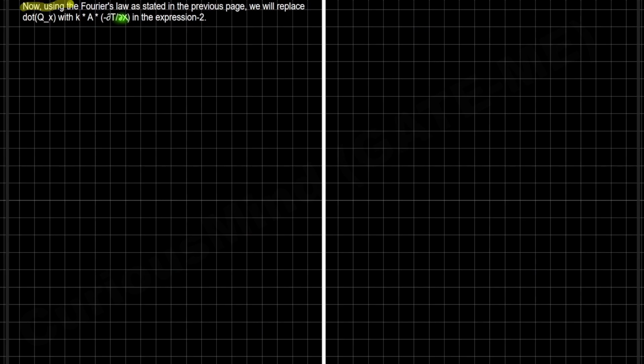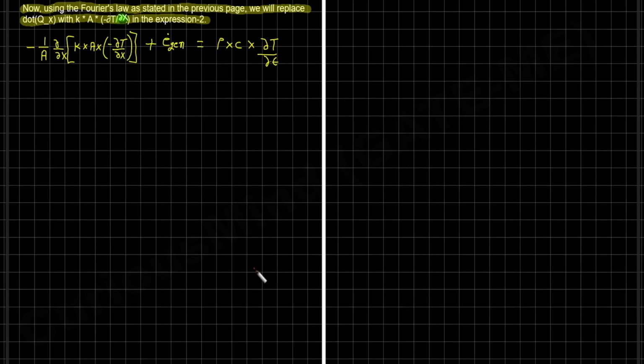Now, using the Fourier's law as stated in the previous page, we will replace dot qx with this expression in the expression 2. Alright. So after plugging in the expression of dot qx into the expression 2, we get this expression.